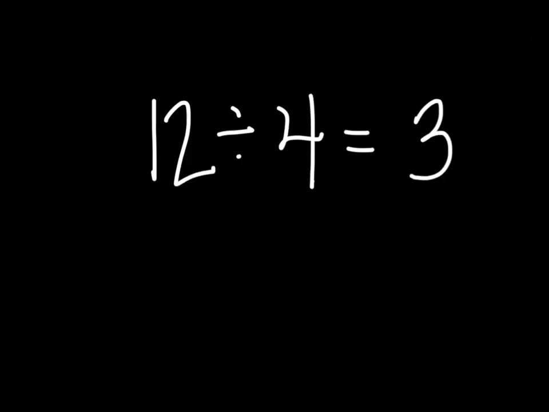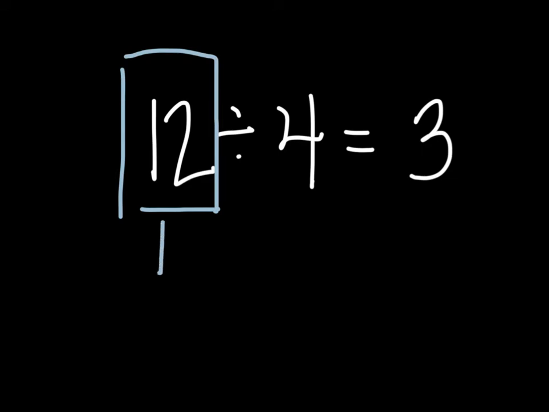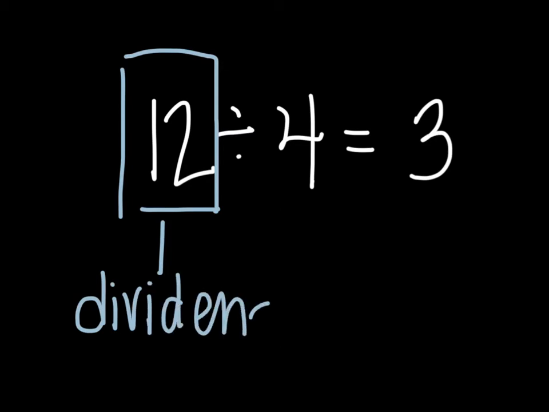Now that we've talked about the different types of problems you might see, let's talk about the names of the pieces of our problem. The first one is the biggest number. Your bigger number is always going to be first, and it is called your dividend, because that's the number you're separating out.